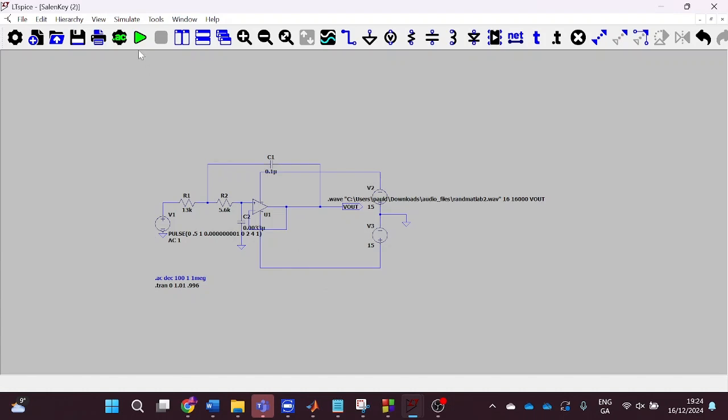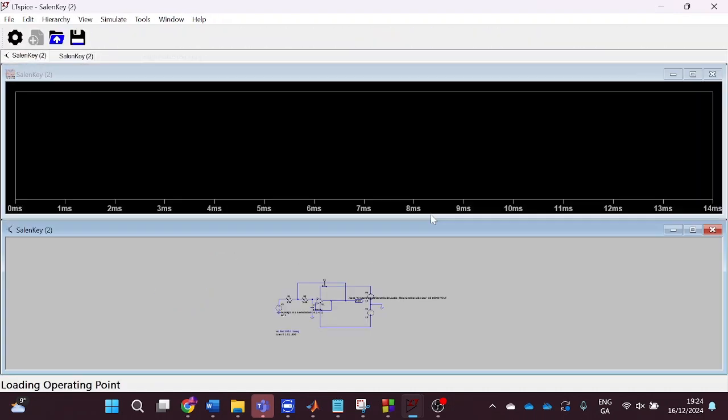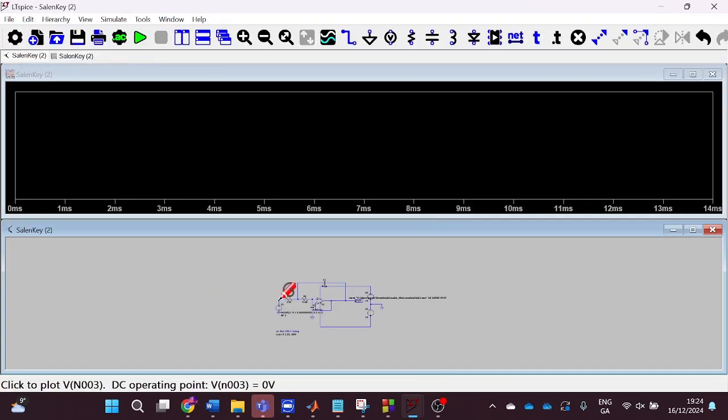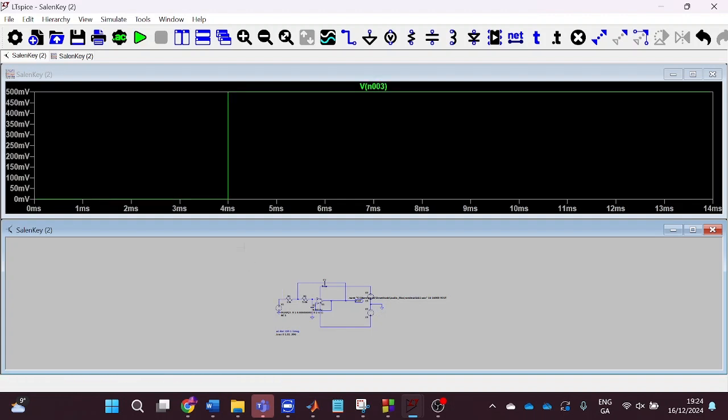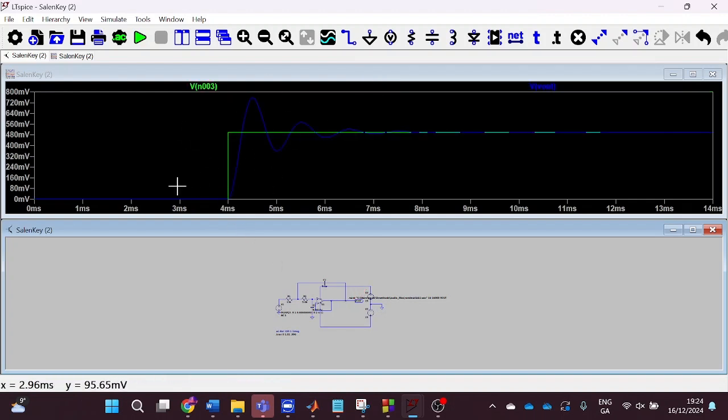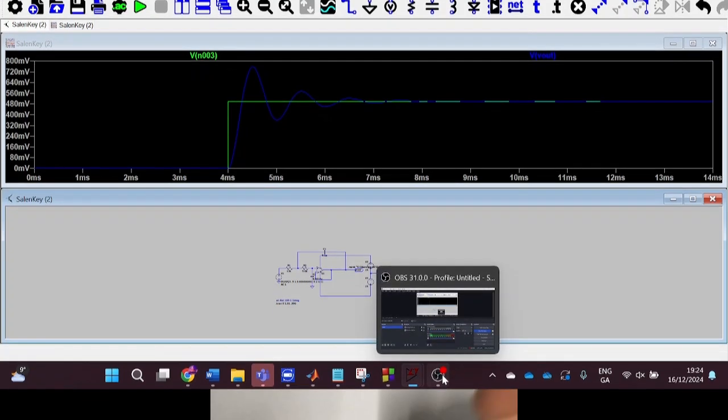So if we go ahead and simulate this, I'm going to compare the input, which is a step, and then the output, which is our step response. So you can see here that we've got our step response of the circuit.